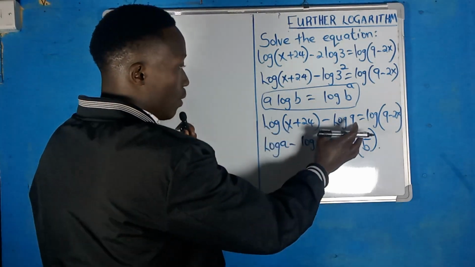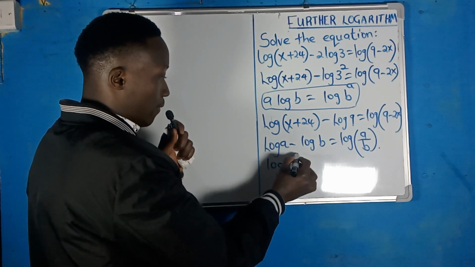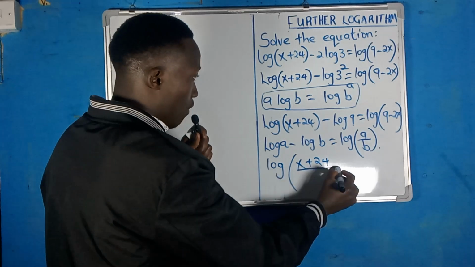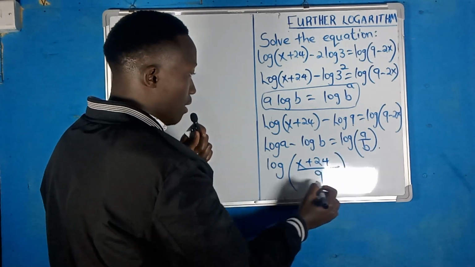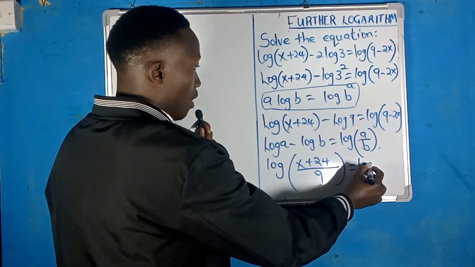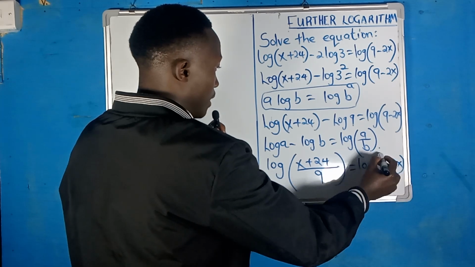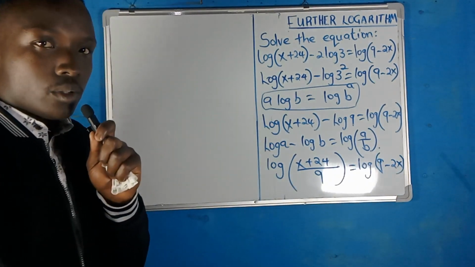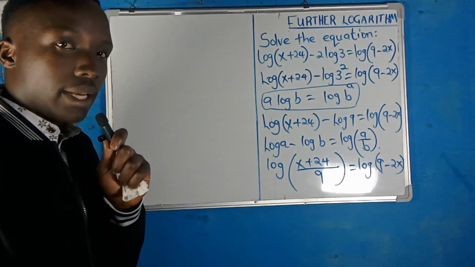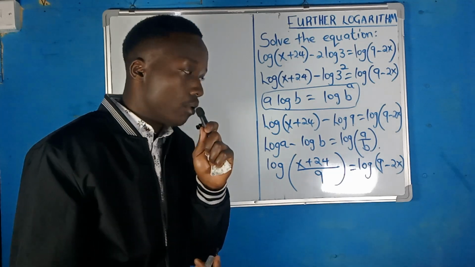Therefore, this one we can rewrite as log of (x plus 24) over 9 is equal to log of (9 minus 2x). So having this as our equation, the next step, we are going to drop the logs on both sides.